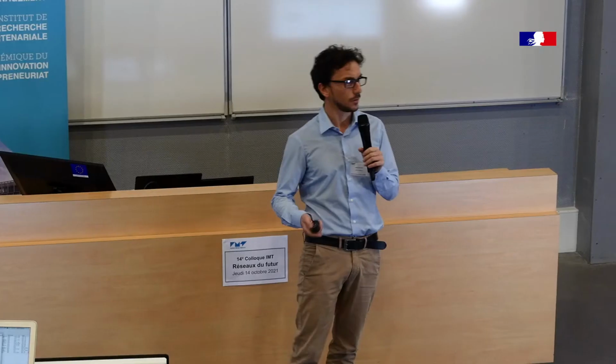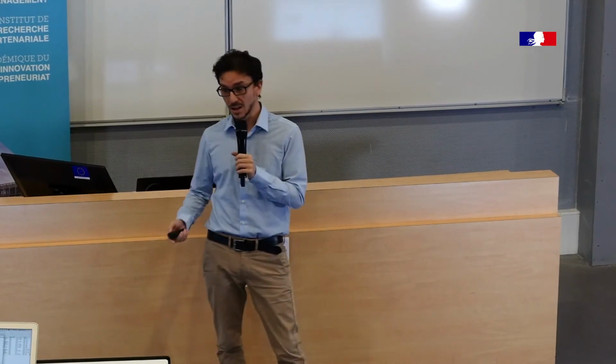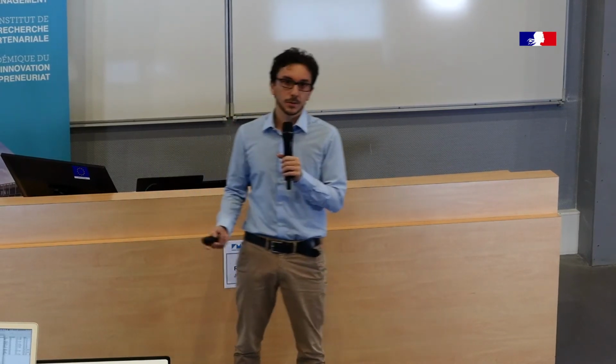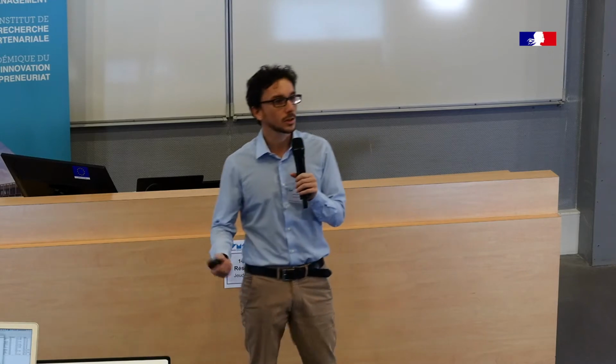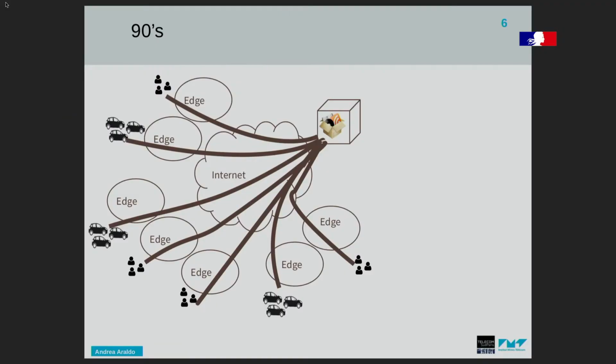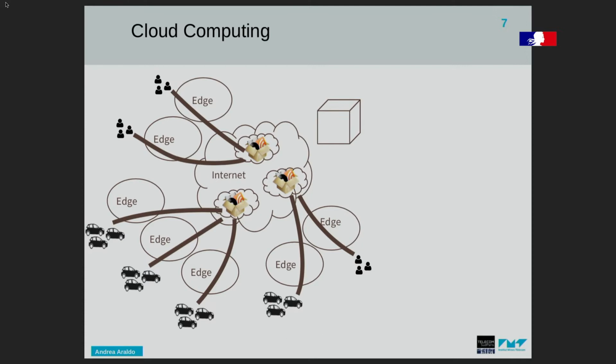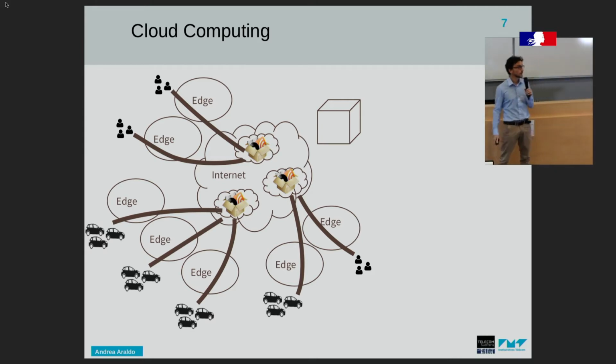So this high-level picture has been implemented in different ways over the years. Originally, the services were deployed in centralized locations, and all the users had to connect to these locations. Nowadays is the era of cloud computing, so the services are replicated in different locations all over the world, and users can connect to the closest location.